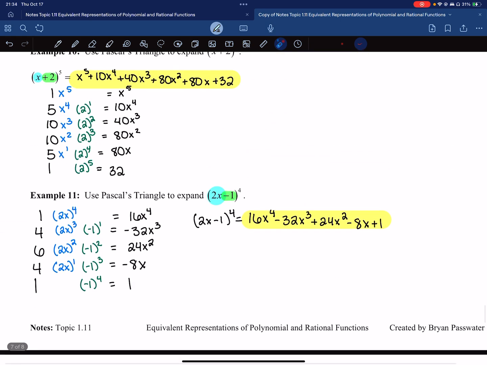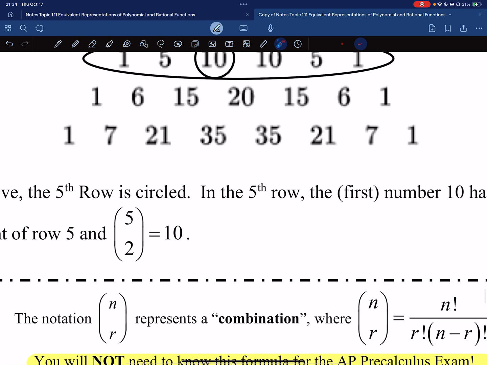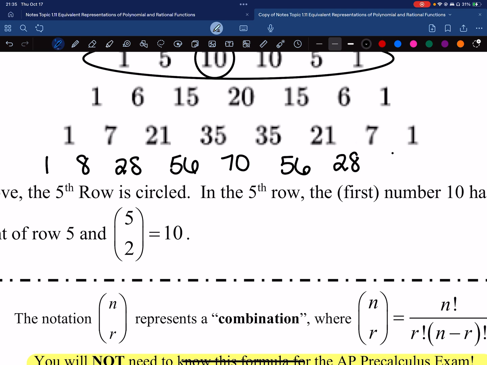So if we want x minus 3 to the eighth power, we need to expand our row real quick. So we have 1, 1 plus 7 is 8, 7 plus 21 is 28, 21 plus 35 is 56, 35 plus 35 is 70, 35 plus 21 is 56, 21 plus 7 is 28, 7 plus 1 is 8, and then 1.